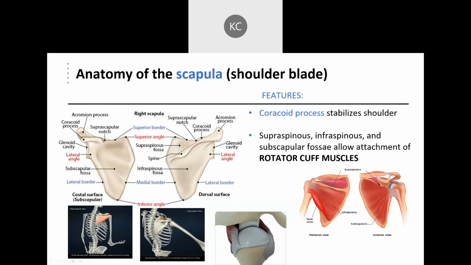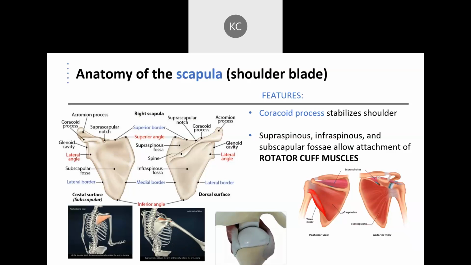And then as we mentioned in the last slide, these fossae. So you have a supraspinous fossa, you have an infraspinous fossa, and then if you look over this image on the right or on the left, you see a subscapular fossa. And so the muscles that reside in these fossae are named according to the fossae that they sit in, right? So the supraspinous muscle sits in the supraspinous fossa.